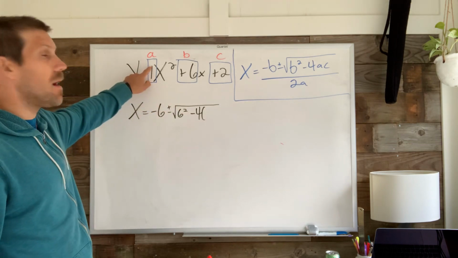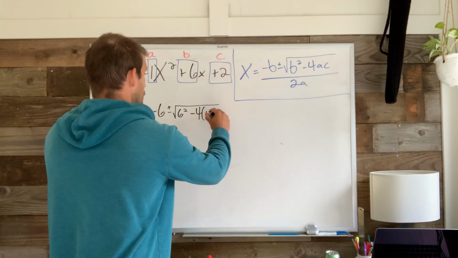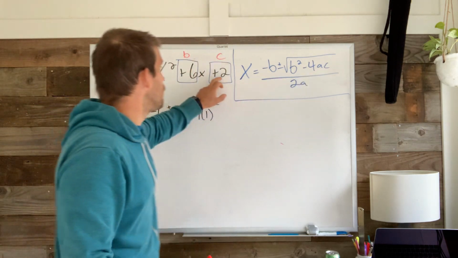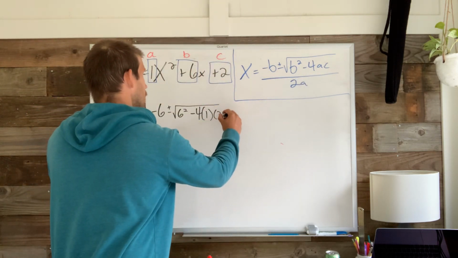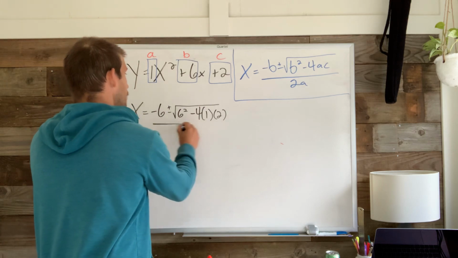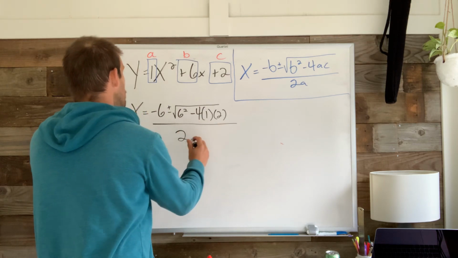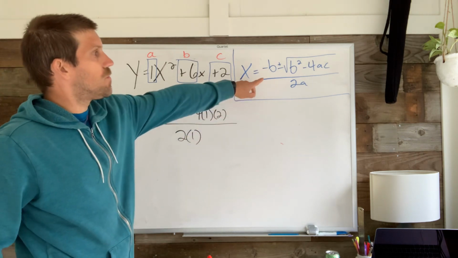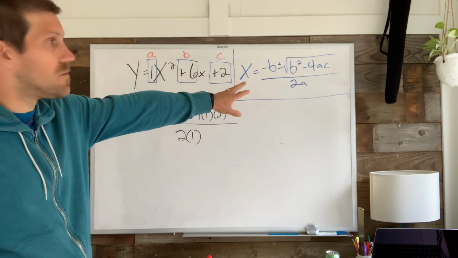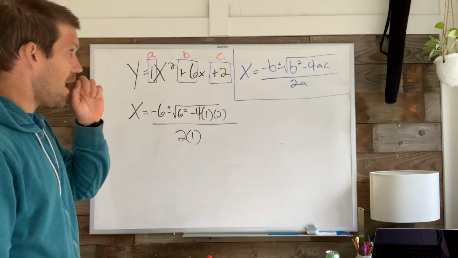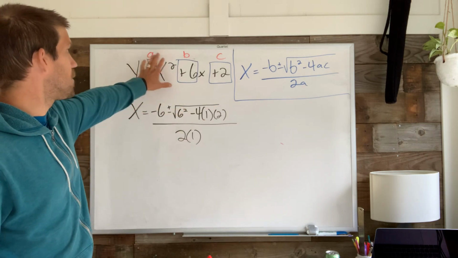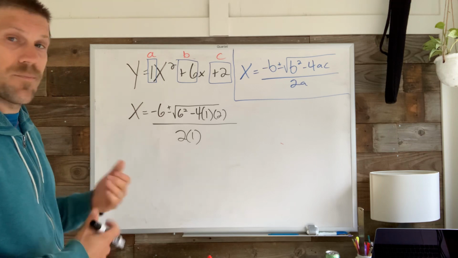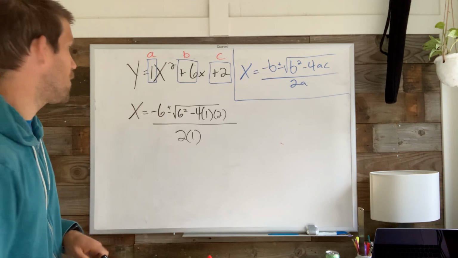We have 1 in our A position here, times C, which is 2. And that's all divided by 2 times our 1. So we rewrote this formula, but instead of writing the variables represented by letters, we wrote the numbers that correspond to the positions here. All right, so now it's a process of just unwinding this one step at a time.